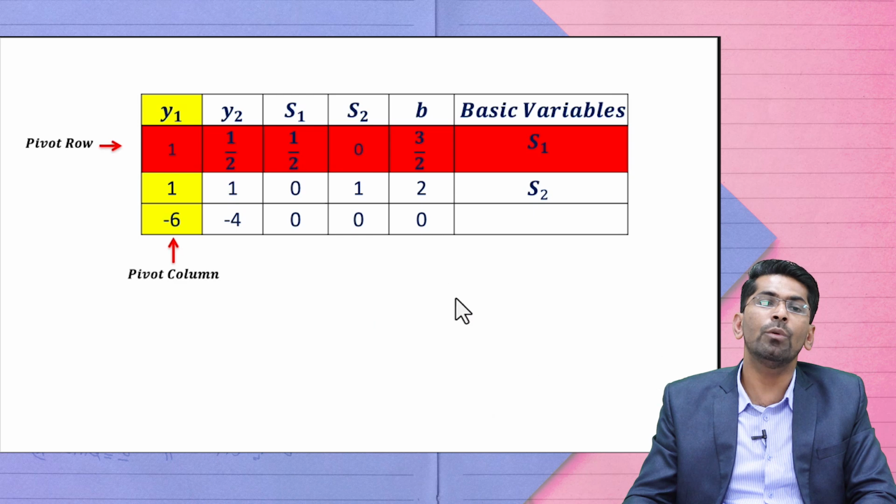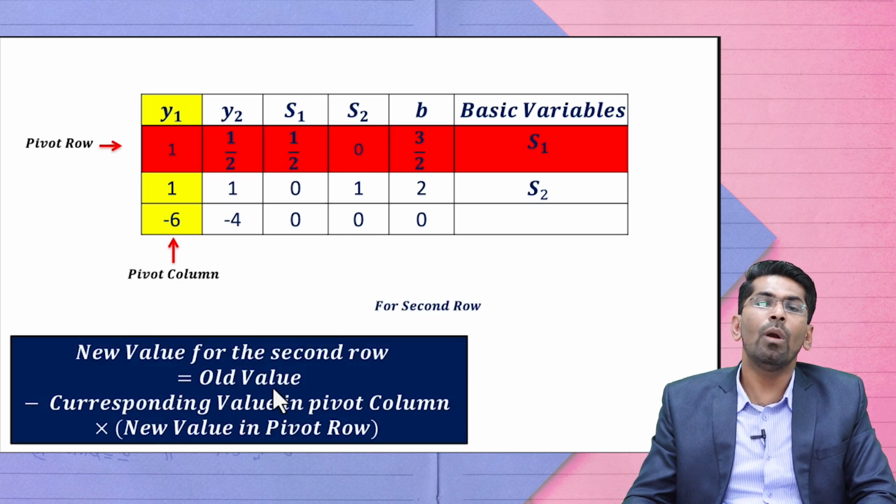For that we have to use the formula: old value minus corresponding value in the pivot column into new value in the pivot row. So for the second row, the first element is 1. So old value is 1 minus the corresponding value in the pivot column, which here is equal to 1, multiplied by the new value in the pivot row.